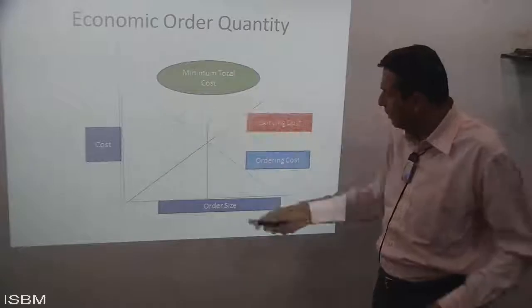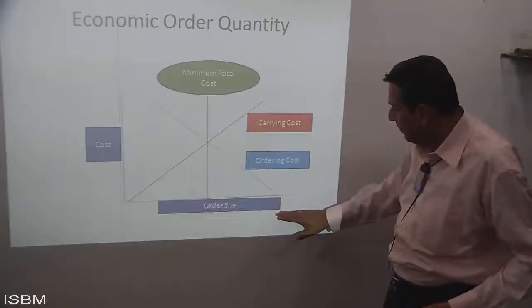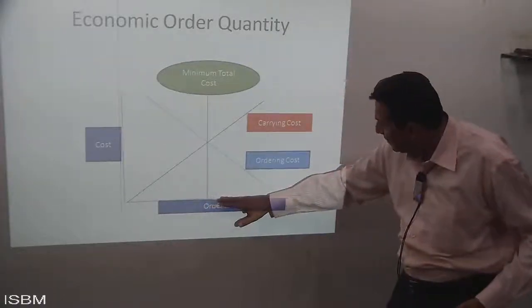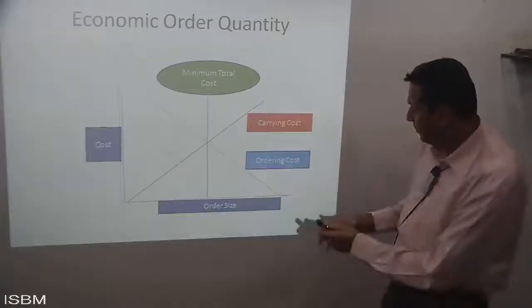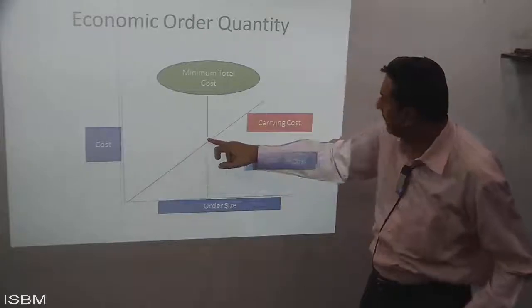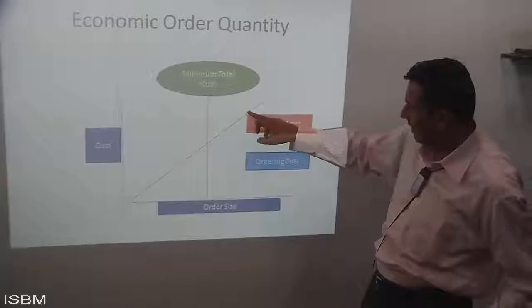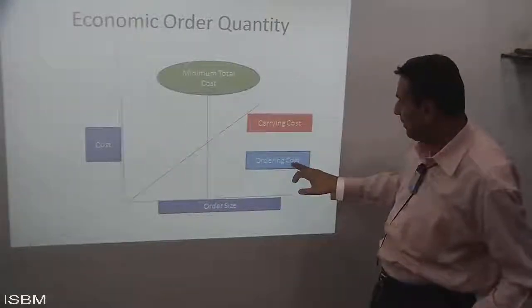See, graphically how it is explained. This is the order size. Now, if you increase this order size, you see the carrying cost is showing a decline. Now, this is the ordering cost.